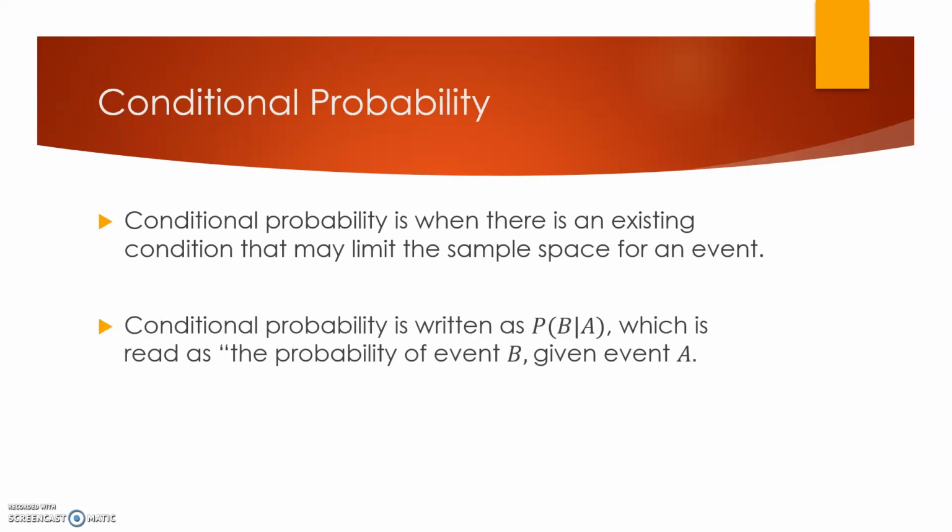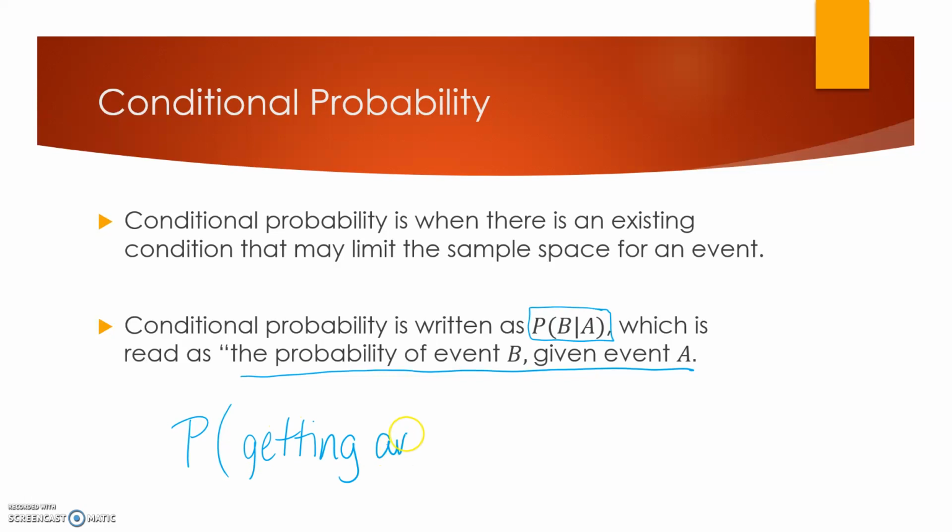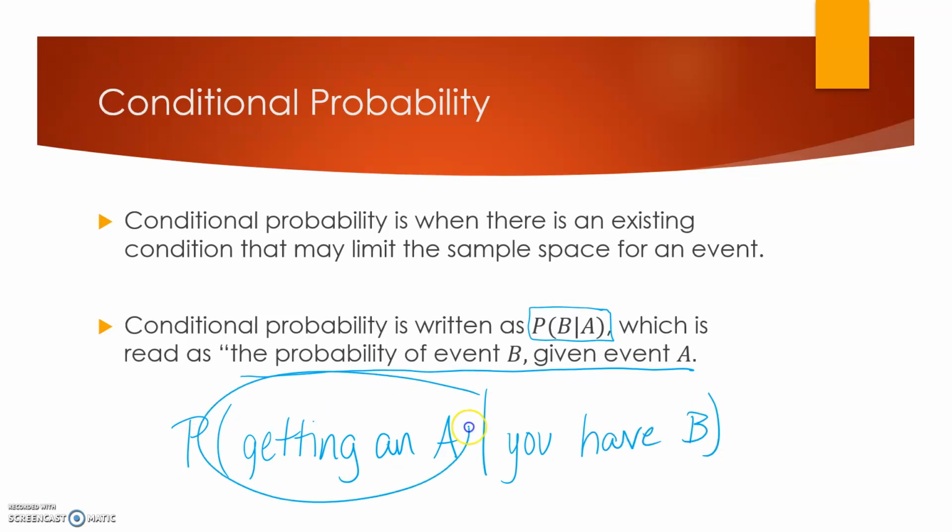So we write it like this: P, parenthesis, B with a straight line through it, A. And we read it like this: the probability of event B given A. So an example could be the probability of getting an A given that you currently have a B. So it's saying, what's this probability if we know that this condition exists?